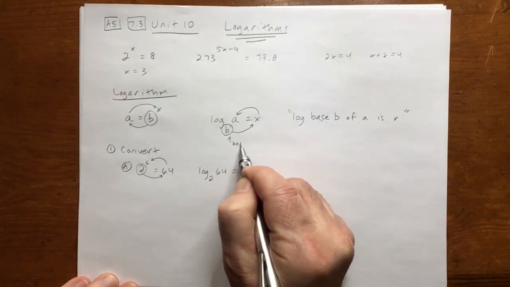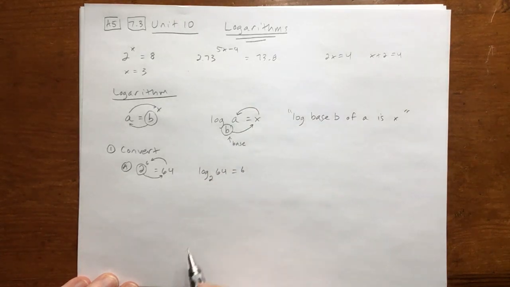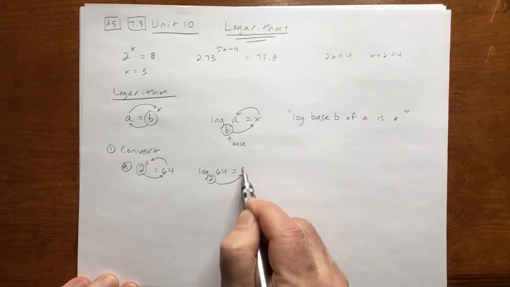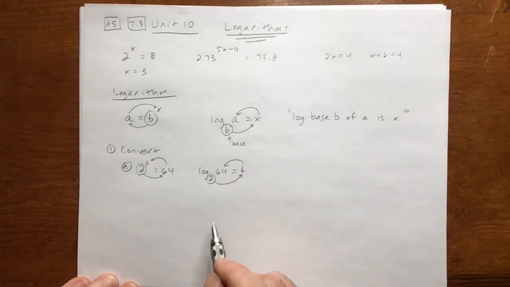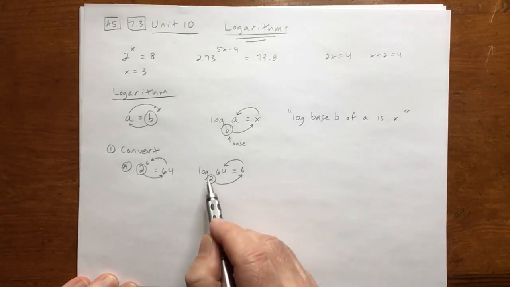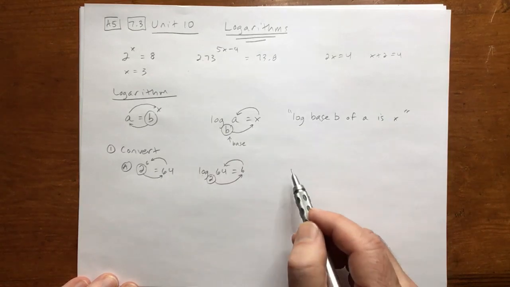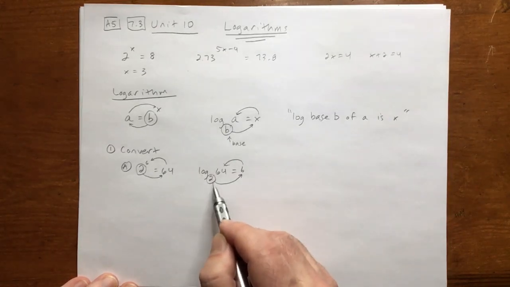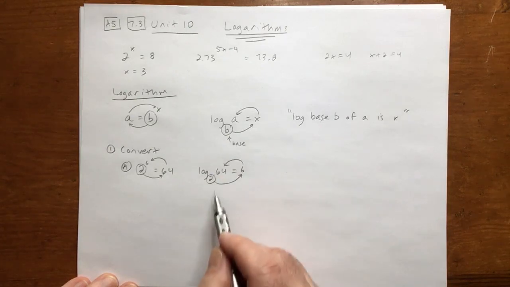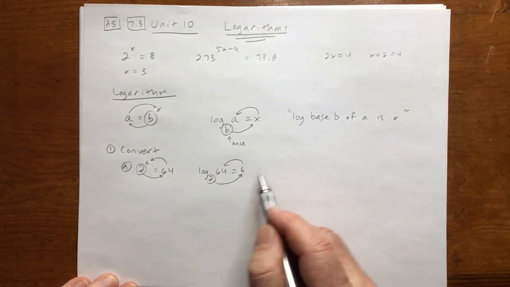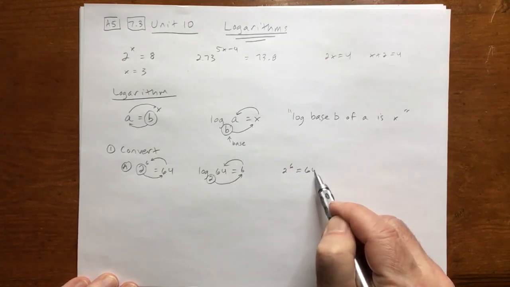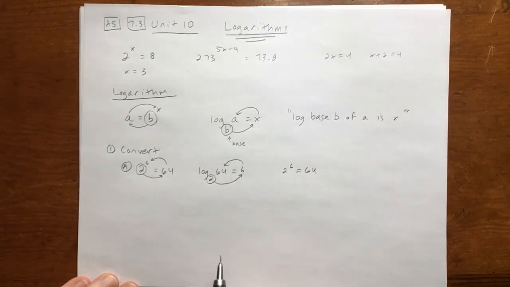This is the base. So circle the base, go across, and come back. And then since we start with a logarithm, we read the converted one as an exponential. And you always start with the base. So we have 2 to the 6th. And then we come back equals 64. And of course we end with what we just started with.